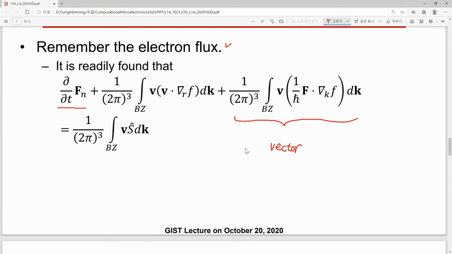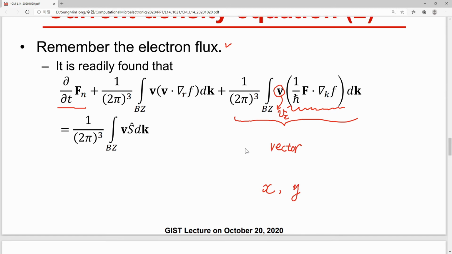Its x-directional component is determined by v_x, and here this is just a scalar, and its y-directional component is determined by v_y, and this is a scalar.